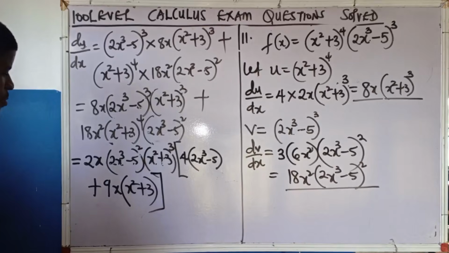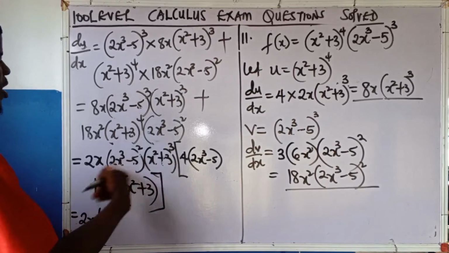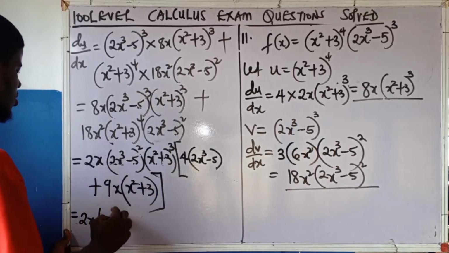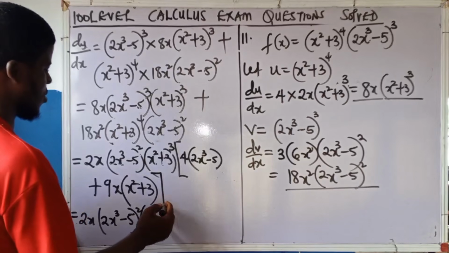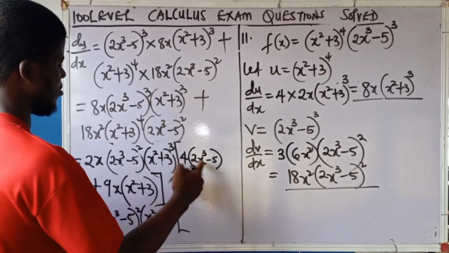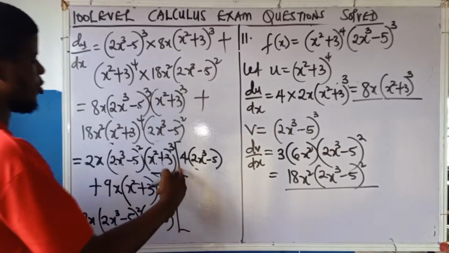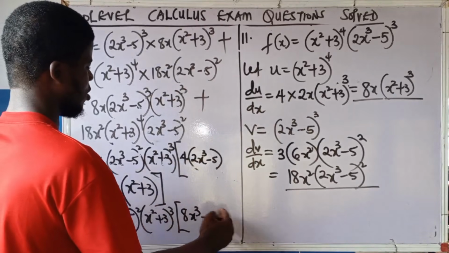Then let's see what's going to happen. This is 2x into, don't bother expanding all of this because there's no need. (x squared plus 3) cubed into 4 times, I can expand this once now straight. 4 times 2x cubed is 8x cubed minus 20.